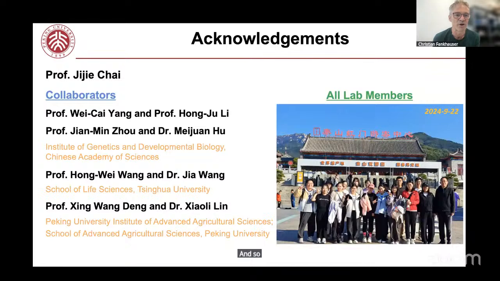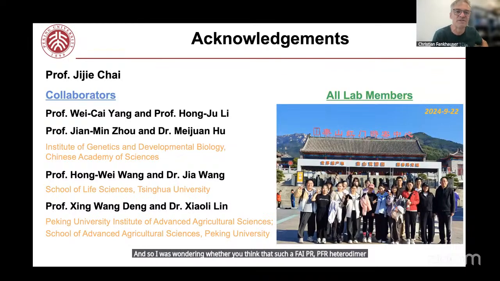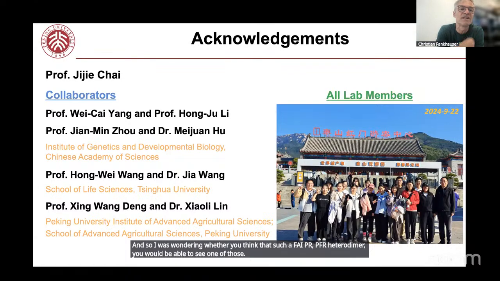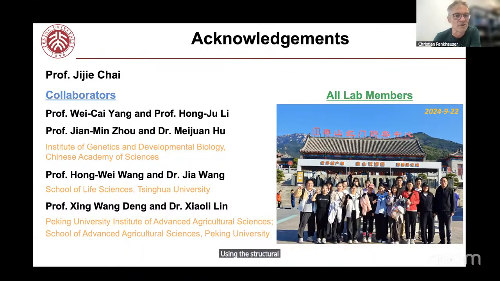And so I was wondering whether you think that such a phyA Pr-Pfr heterodimer, you would be able to see one of those using the structural approaches that you are so nicely using.